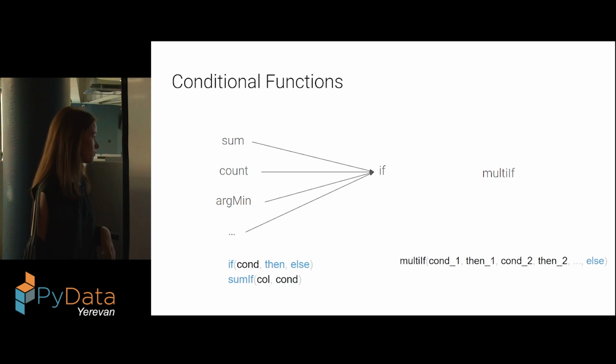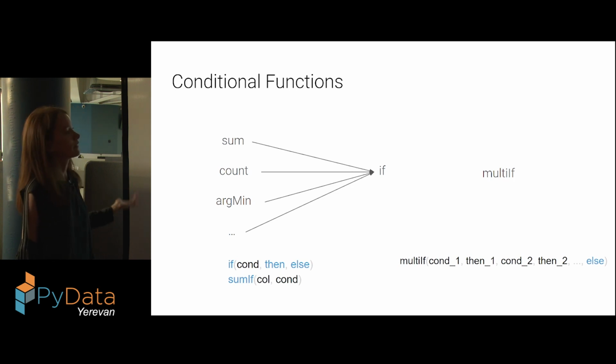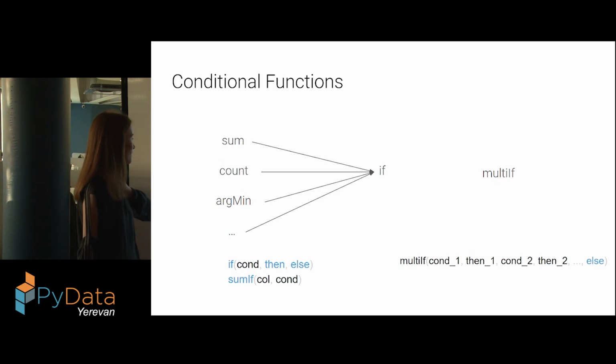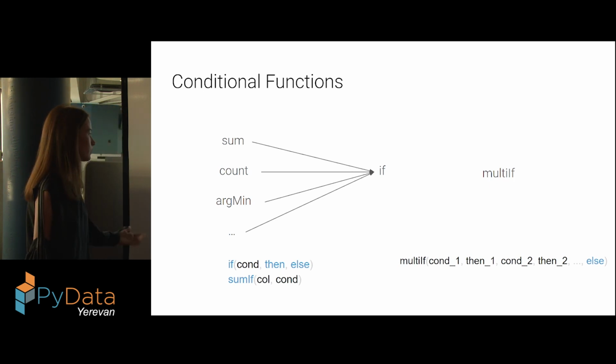So you make conditional aggregating functions from a conditional function and an aggregating function. So you will have sumIf. Here you can write a column, for example, money, and then after a comma you will write the condition and calculate the money only for, for example, iPhone platforms.